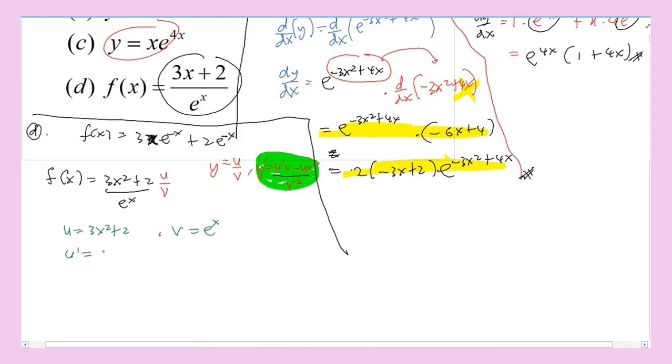U prime is 6x, V prime is e power x, differentiating.